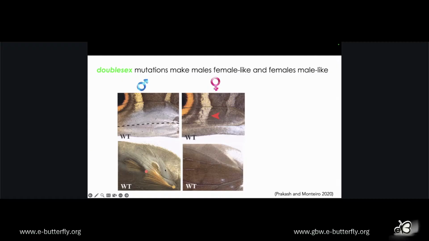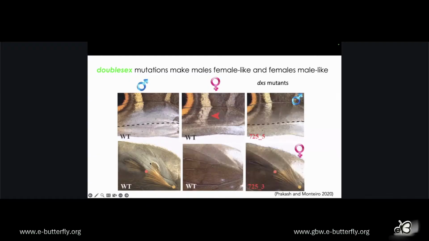Now, we're going to look at the role of doublesex by simply knocking it out. So we're trying to figure out what is the role of doublesex in either the female bodies or the male bodies. And here's what we see. In a male doublesex mutant, we see that the silver scales are gone.